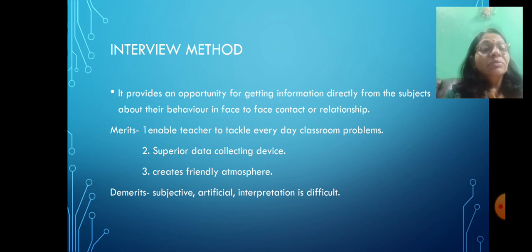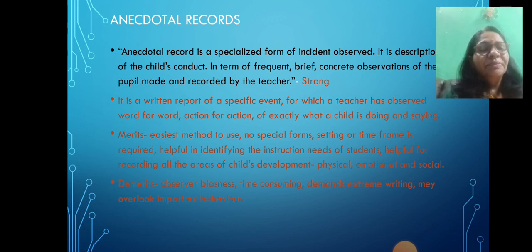But it also has demerits: it is very subjective because there is a lot of room to hide the real facts, sometimes it becomes artificial, and the data collected by the interview method is more difficult to analyze than other data.